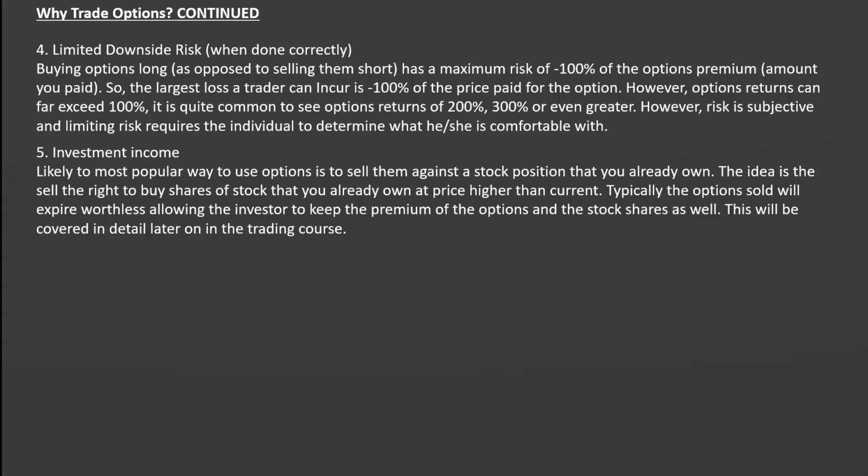Investment income. Likely one of the most popular ways to use options is to sell them against a stock position that you already own. The idea is to sell the right to buy the shares of stock that you already own at a price higher than current. So let me give you a brief example. Let's just say that you purchase the QQQ ETF, and just for easy math, let's say that QQQ is trading at a round number of $300 per share, and you own 100 shares.